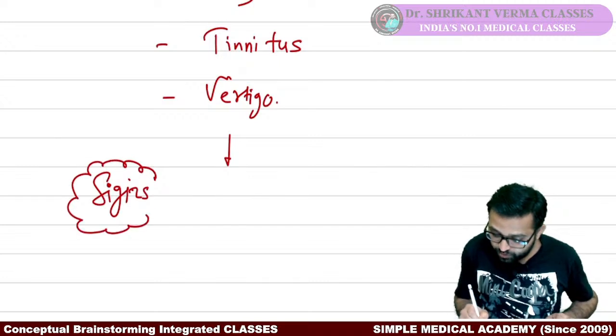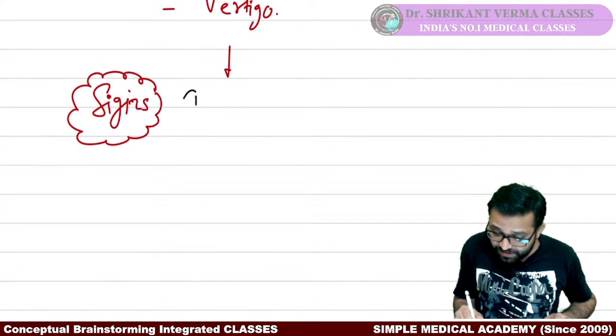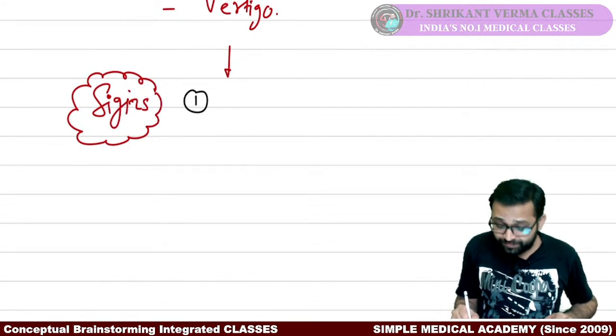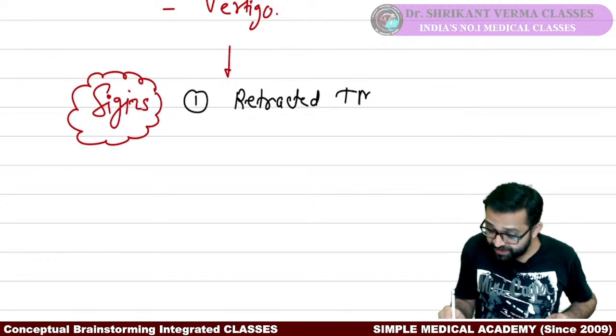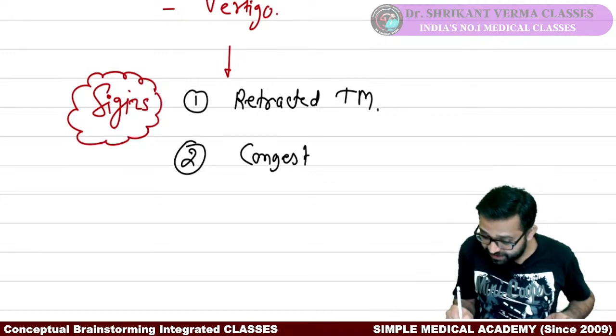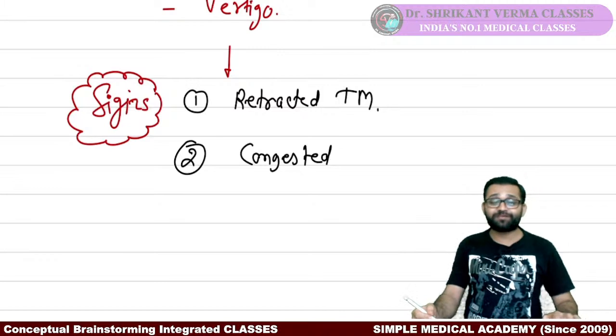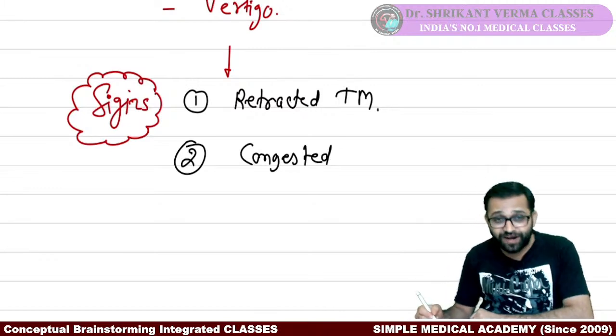So now we are going to look for the signs. Yes, in otoscopic examination there will be a retracted tympanic membrane. The tympanic membrane will be pushed inward. And another, you will see a congested tympanic membrane. So these are your different findings.